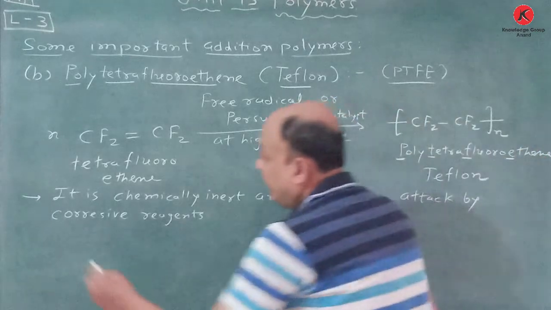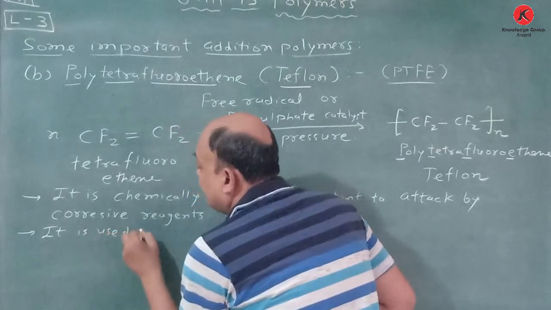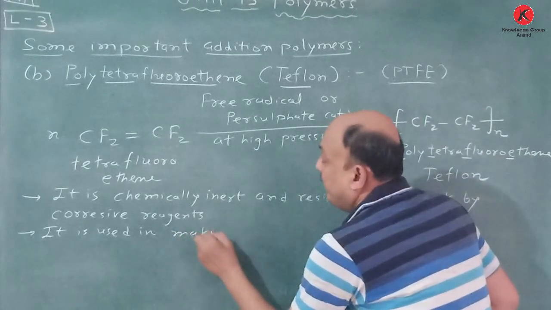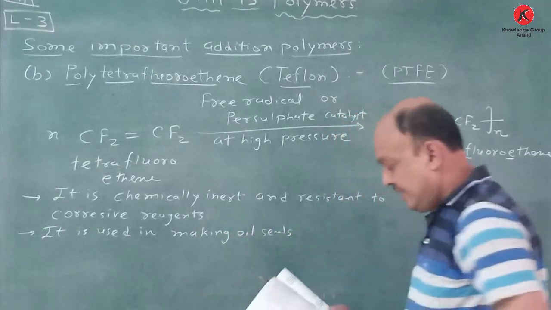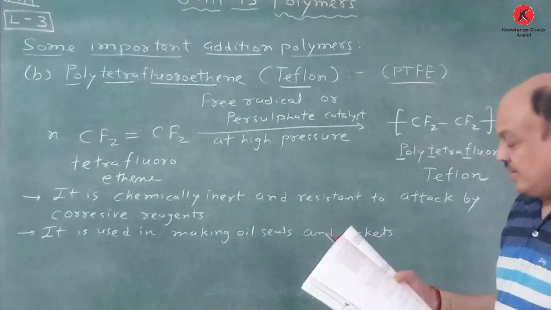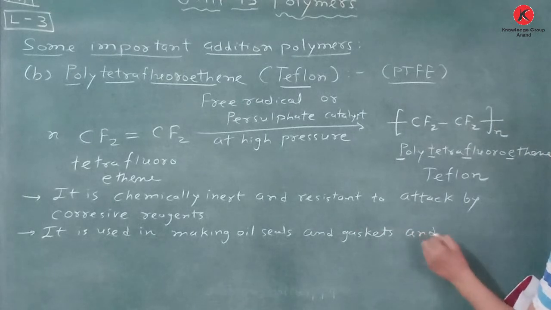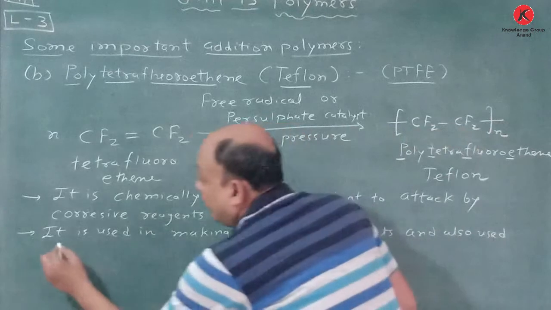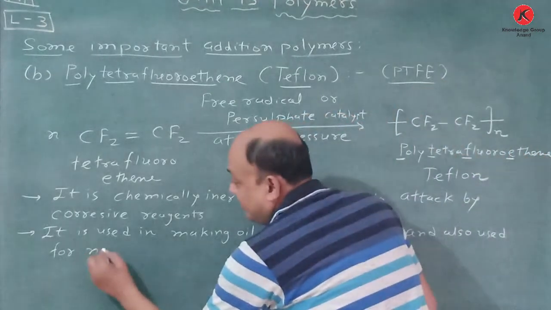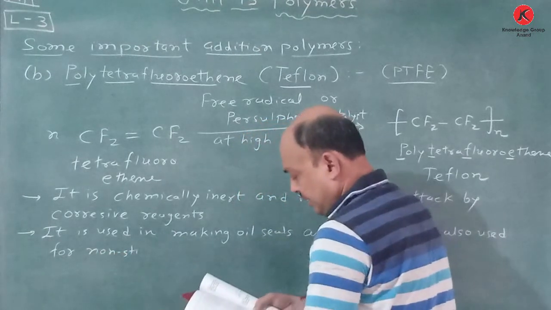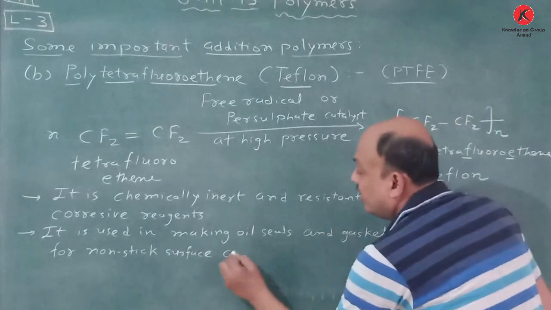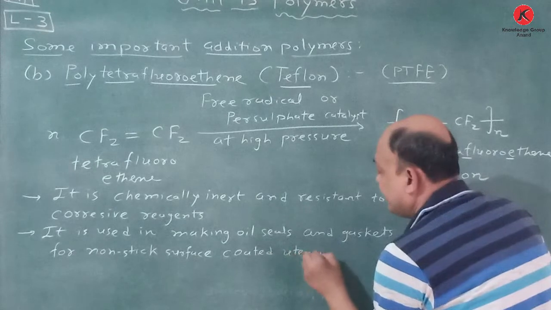Now, where is it used? It is used in making oil seals and gaskets, and also for non-stick surface coated utensils.